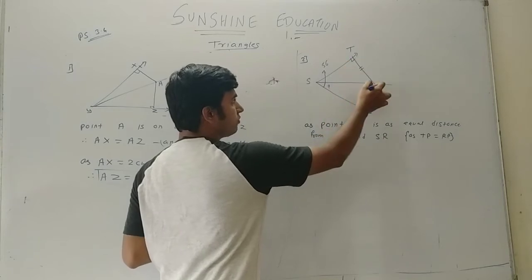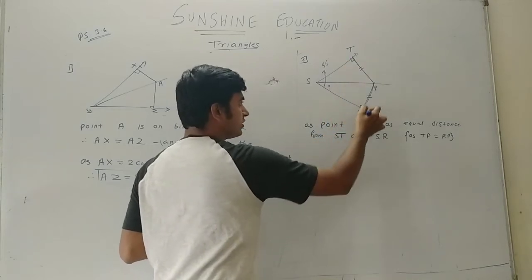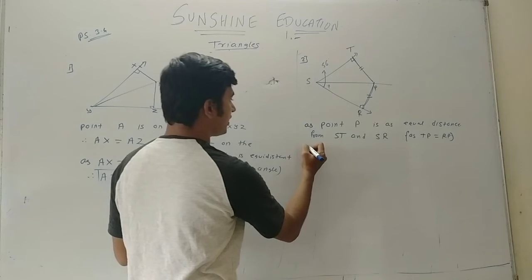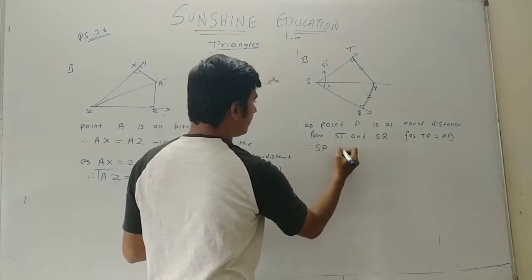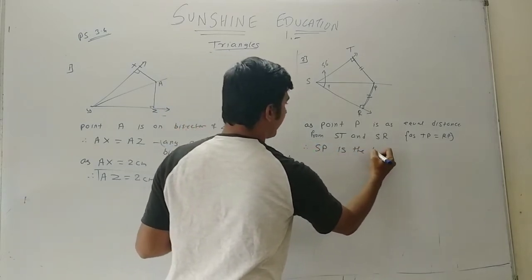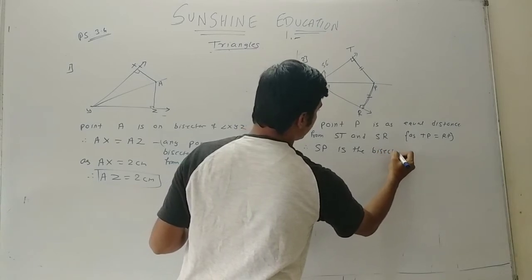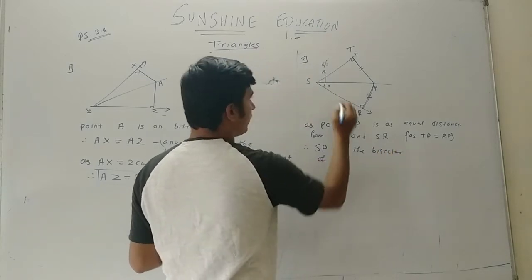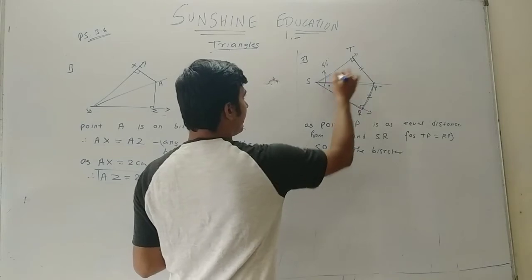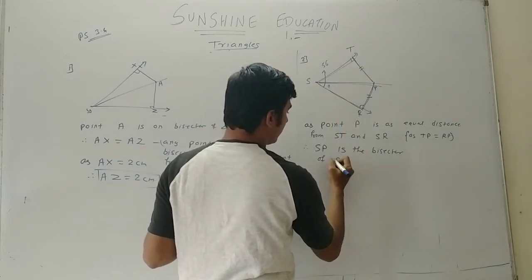I told you if a point is equidistant from the sides of the angle, therefore I can say that SP is the bisector of angle RST.